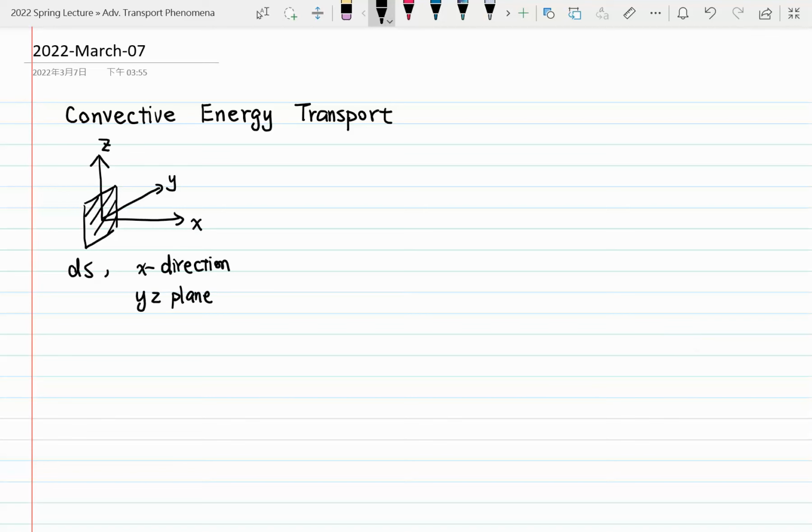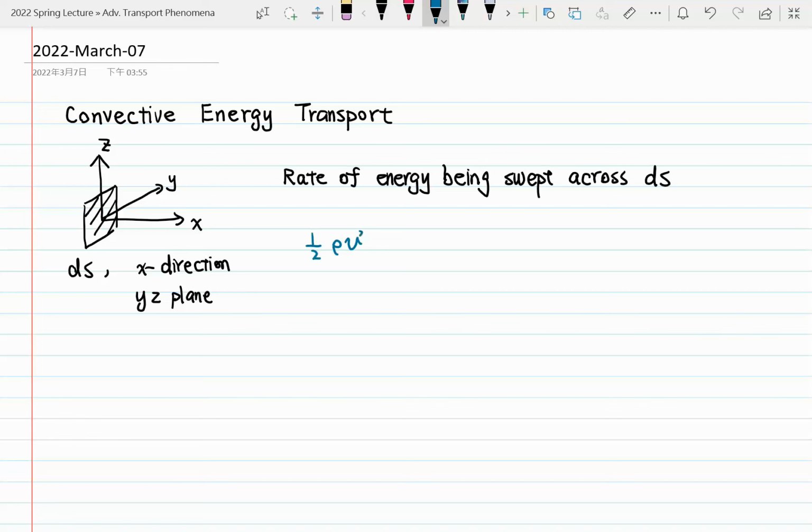So the rate of energy being swept across dS is the following: (1/2 rho v squared plus rho U-hat) times vx dS.